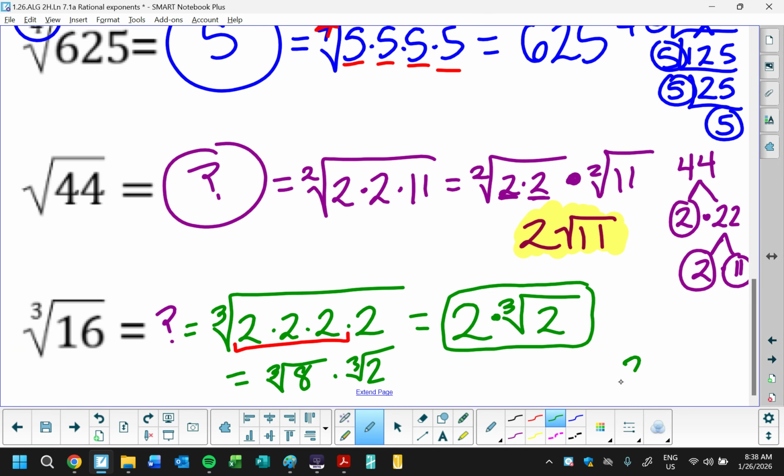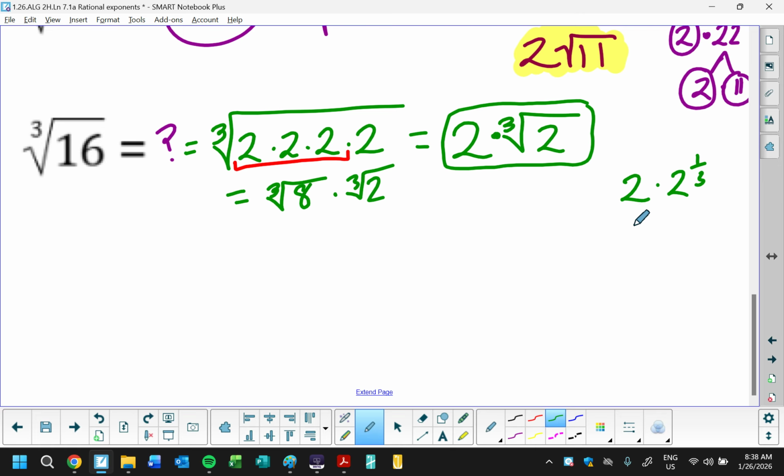Yes, you could also rewrite that in other ways, 2 times 2 to the 1/3. Or, seeing that when you multiply powers, you add their exponents, 1 whole plus 1/3 is 1 1/3, or 4/3.